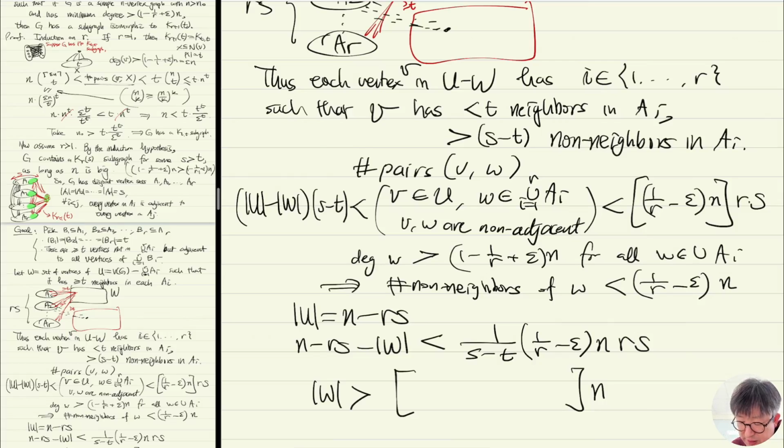So n times something minus RS. So what is the coefficient of n? This is (S minus T) and (1/R minus epsilon), RS minus 1. Am I doing all right? No, the other way around, right?